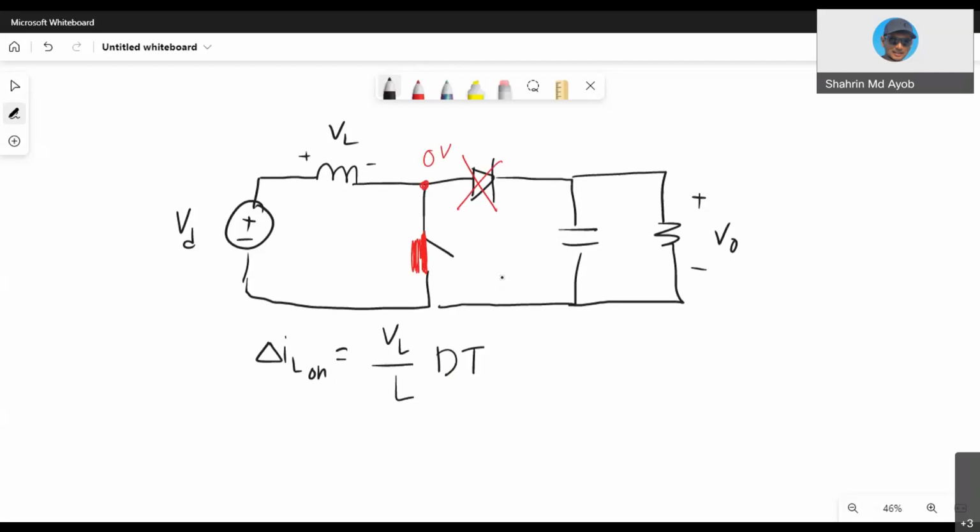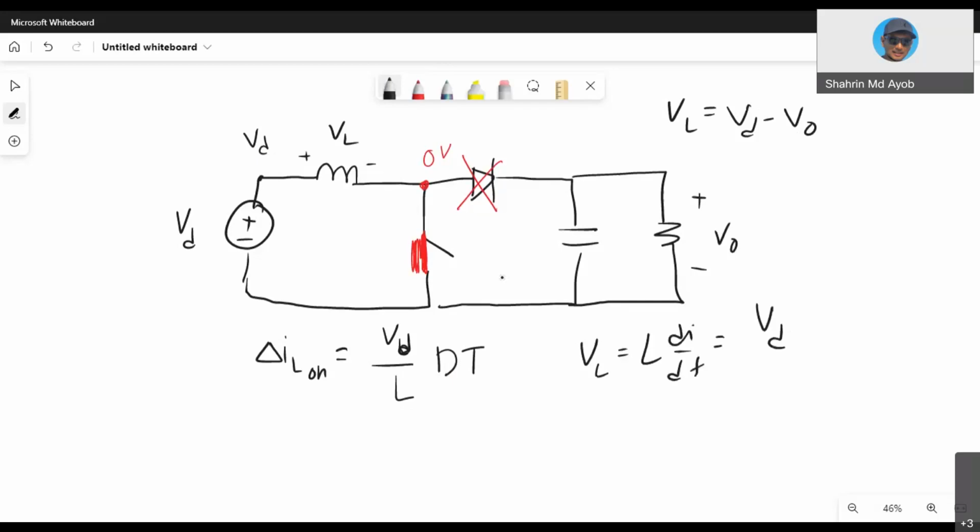It's the same as the buck. So I don't want to repeat again how to obtain VL over L. VL is VD, not VL. VD minus V out, right? And then we know that VL is L di/dt.